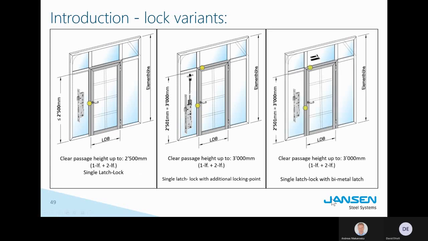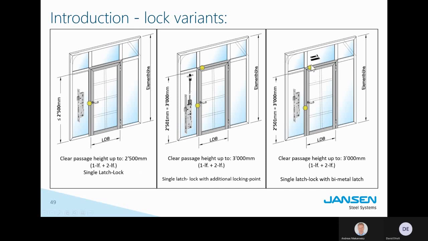You can also replace the mechanical additional locking point by a so-called bimetal latch. It's a piece of metal that expands quite significantly. It's kind of an alloy that reacts very strongly to temperature changes. This is actually for fire stop doors.